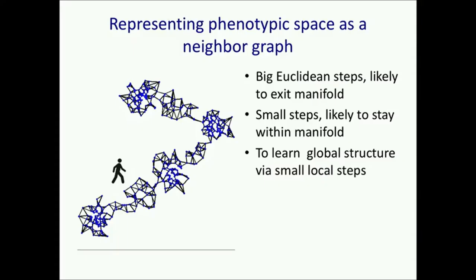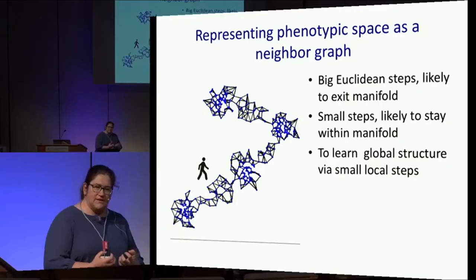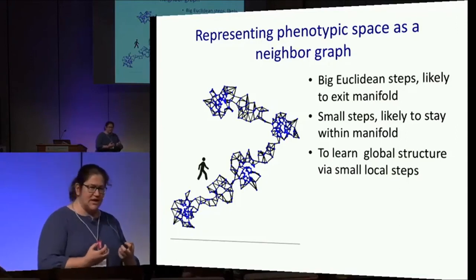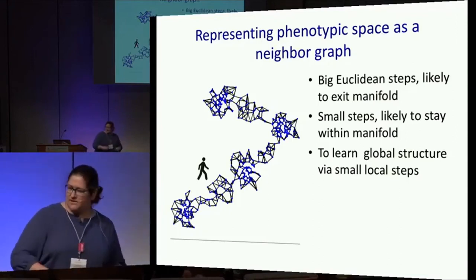Why neighbor graphs? Because the cell space resides on a lower-dimensional geometry. In regular Euclidean space, the metric doesn't really capture this, and things that are actually rather far from each other can seem close. By taking small steps in the graph structure between very similar cells, we can remain inside the cell space, within the manifold.